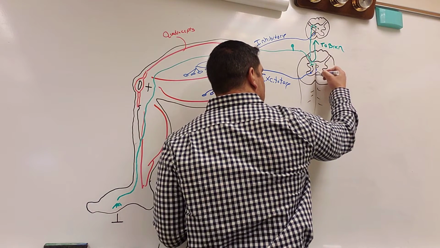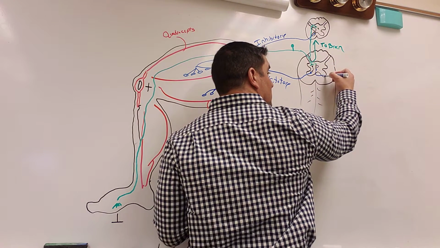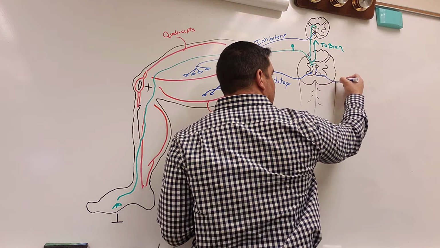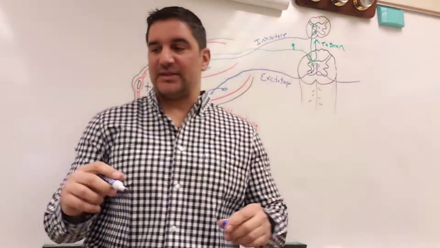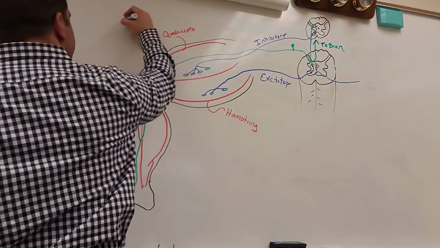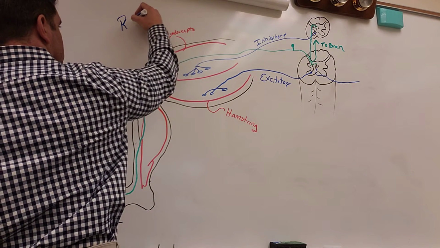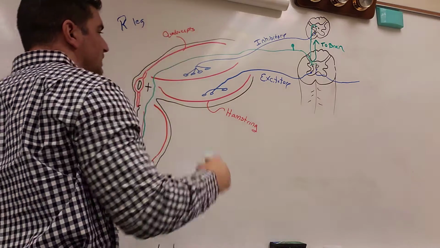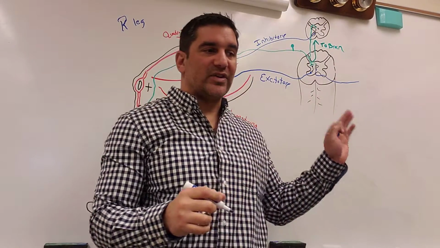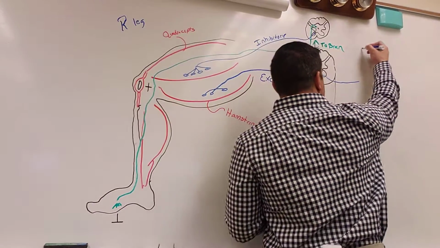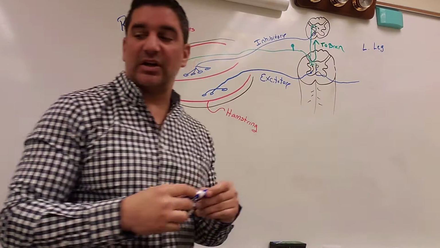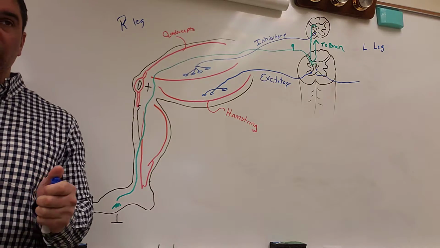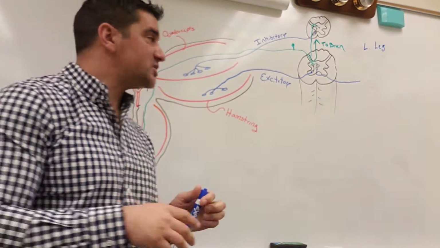It's really weird. It's going to exit the ventral horn, ventral root, and that's going to go to the opposite leg. So let's say this one's the right leg. This one's going to go over to the left leg. And this one's going to cause this quadricep muscle to straighten out.